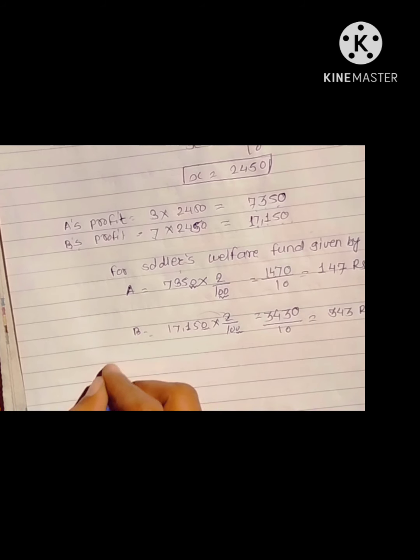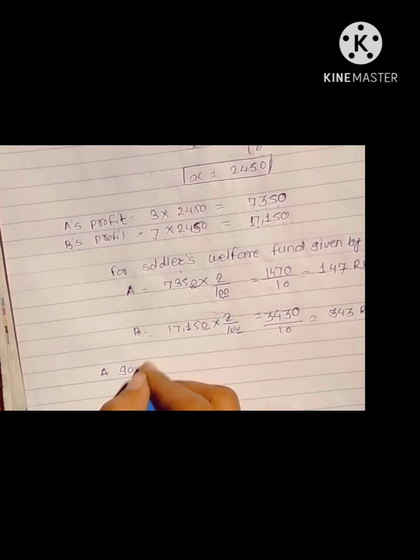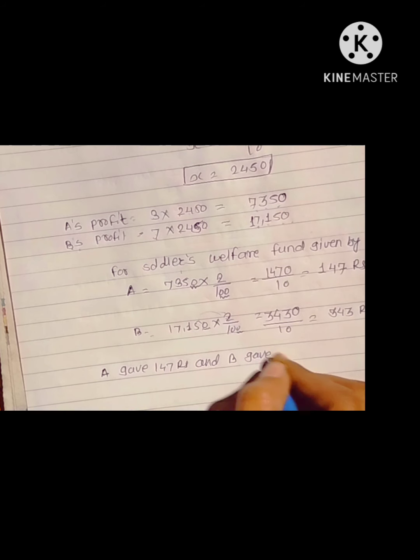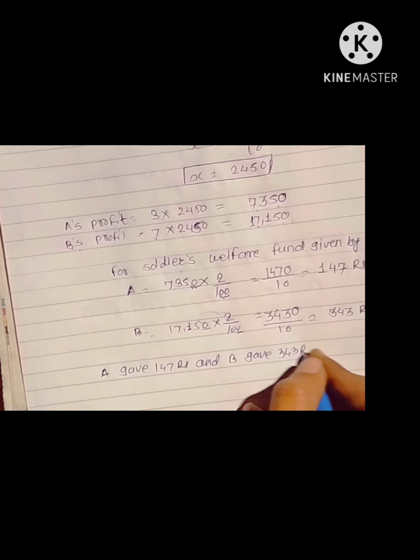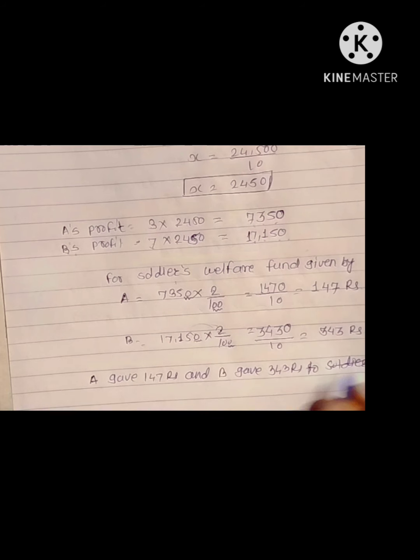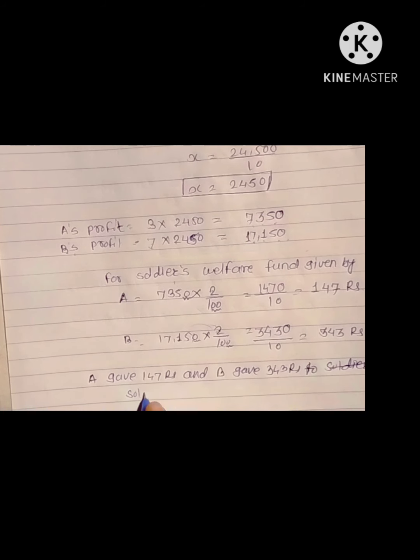So A gave 147 rupees and B gave 343 rupees to the Soldiers' Welfare Fund.